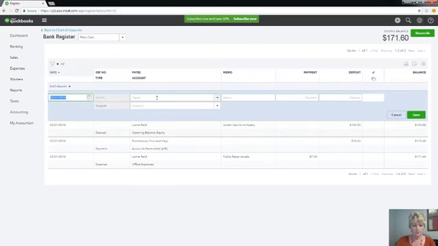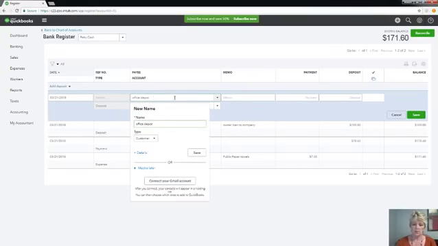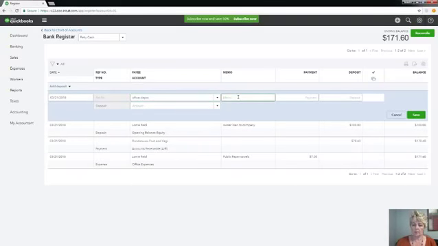Tomorrow or this afternoon, my receptionist needs to go to Office Depot and pick up some paper. And we got a whole case of paper for $69.